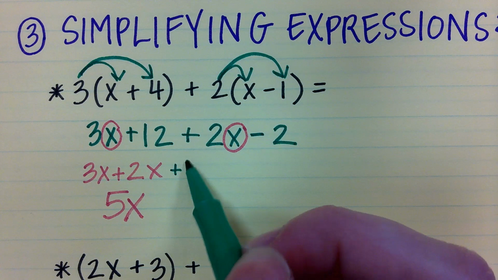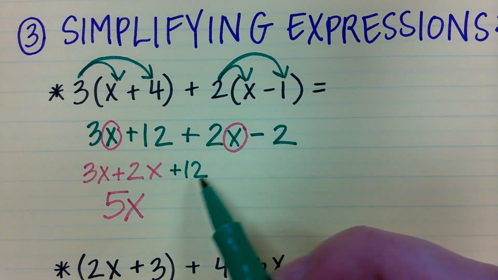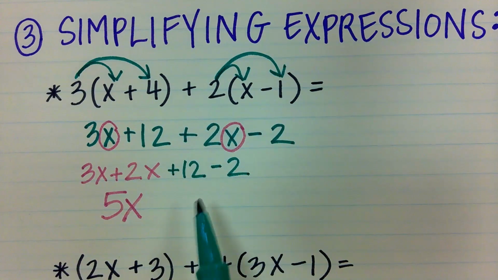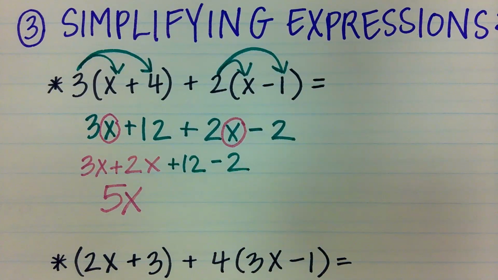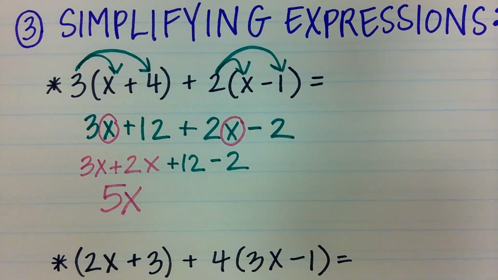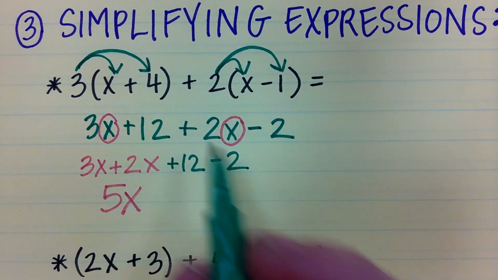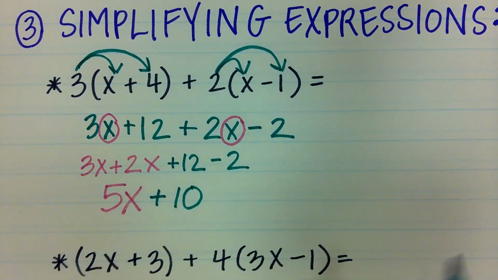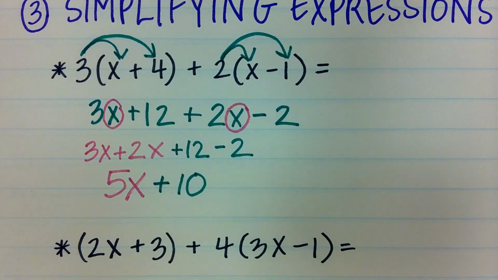Plus 12 minus 2. 12 minus 2, that's 10. Perfect. Now, is it a positive 10 or a negative 10? Positive. So I'm going to put a plus sign between my 5x and my 10. 5x plus 10. Can we simplify any further from here?